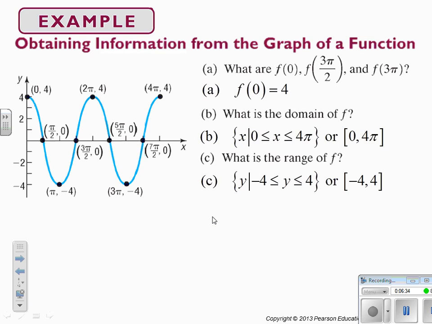They're included, so they're going to get a closed bracket. It just means the set of all y values between -4 and 4. So it's y to indicate that you're talking about range, and then spitting out the range.